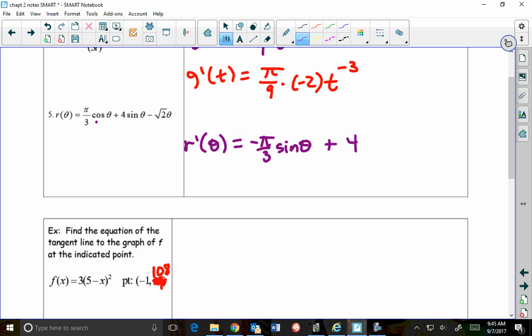Derivative of sine goes to, does it go to a negative? No, because sine was s. And then this last one, it's kind of like saying minus 2x, right? It's just a line with a weird slope of negative 2. Oh, this is negative radical 2.